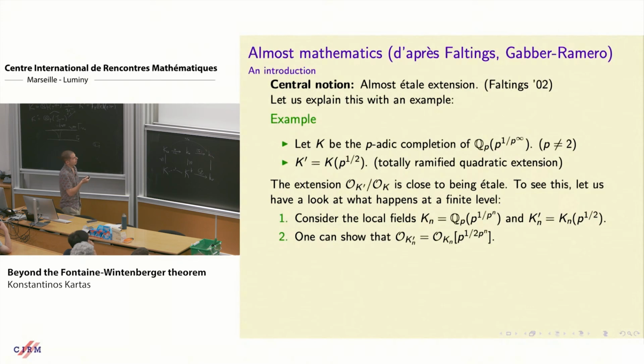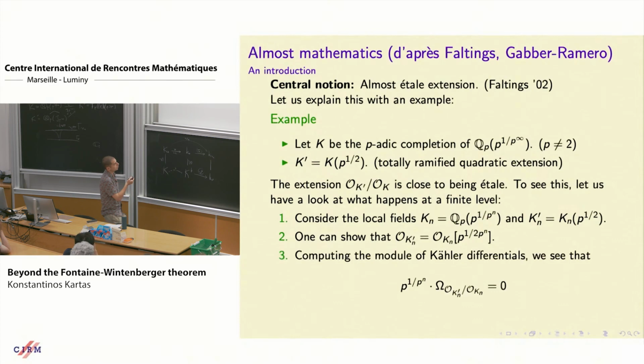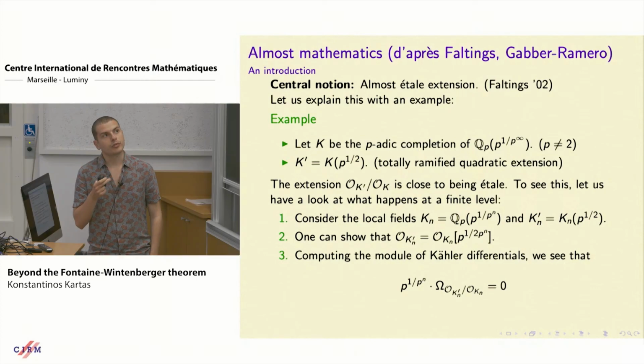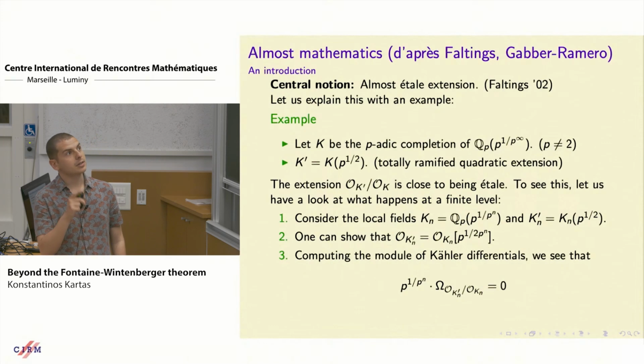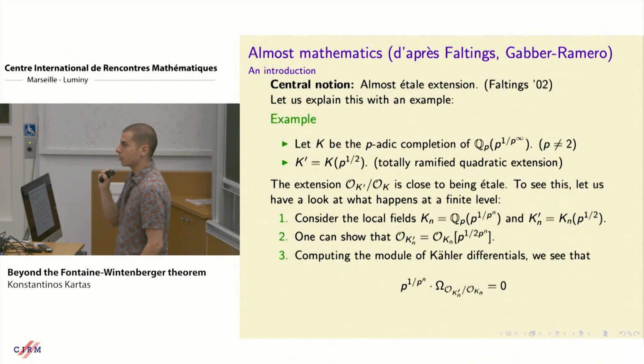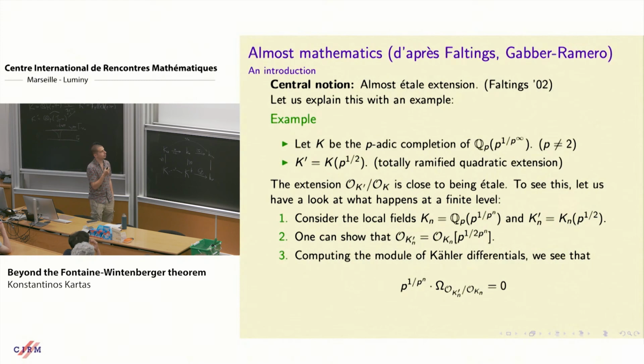In what sense is this extension of valuation rings close to being étale? One way to look at it, not the only way, is to look at the module of Kähler differentials. This module is not 0, but it's killed by an element of very small valuation. Here, p to the 1 over p to the n has valuation 1 over p to the n, and as n becomes large, this has smaller and smaller valuation.